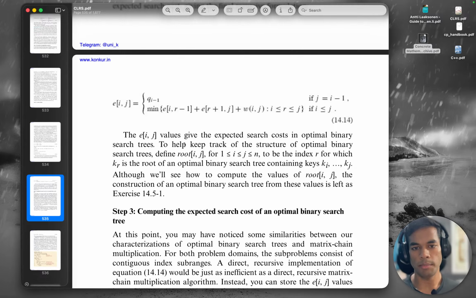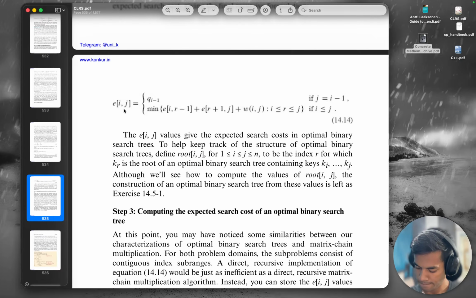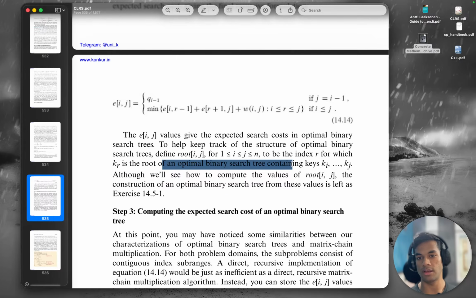This returns the index, so in a way it is storing the answer: the index r for which k_r is the root of an optimal binary search tree containing keys k_i till k_j.